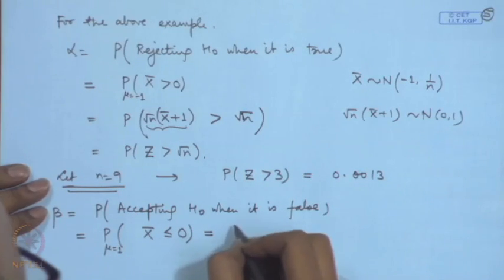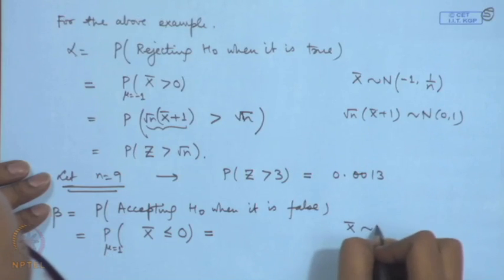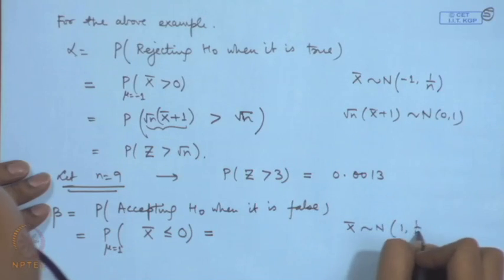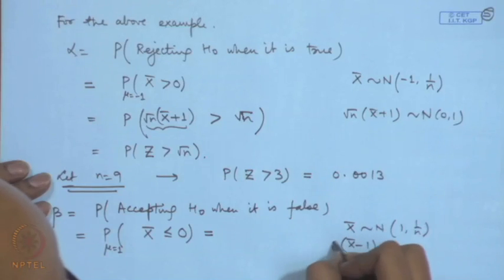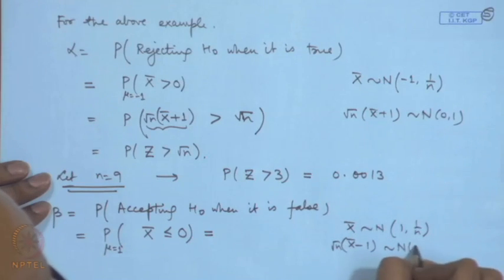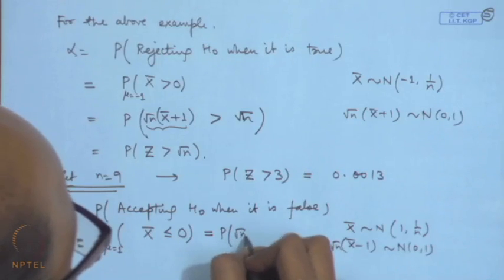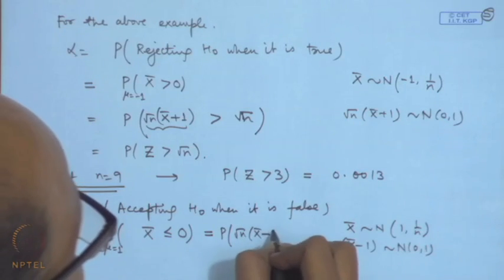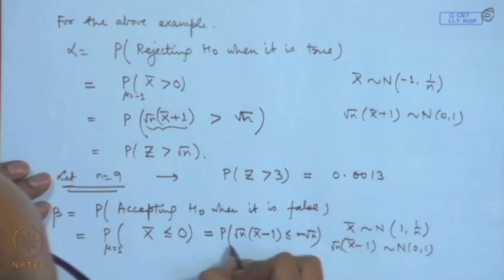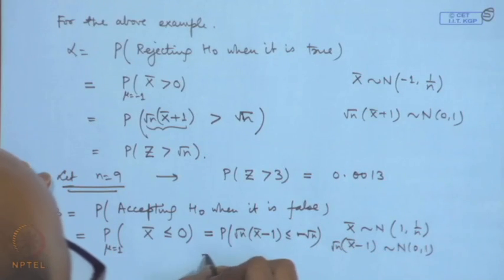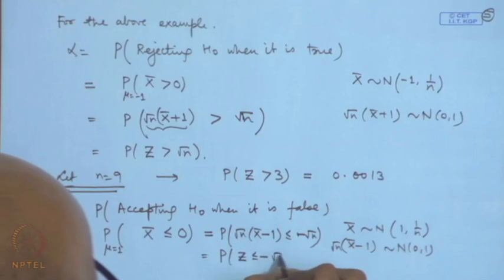So, now when mu is equal to 1, x bar follows normal 1, 1 by n, that means root n into x bar minus 1 will follow normal 0 1. So, this is probability of root n times x bar minus 1 less than or equal to minus root n, that is equal to probability of z less than or equal to minus root n.